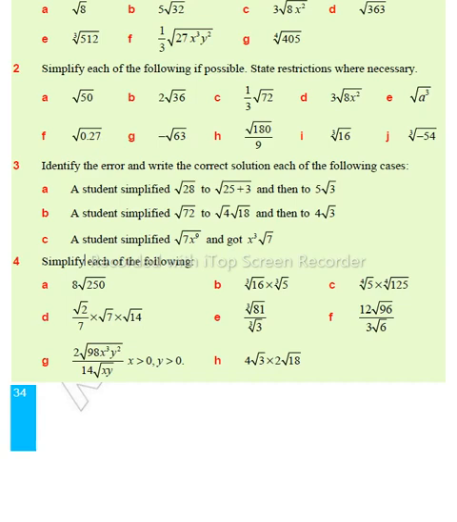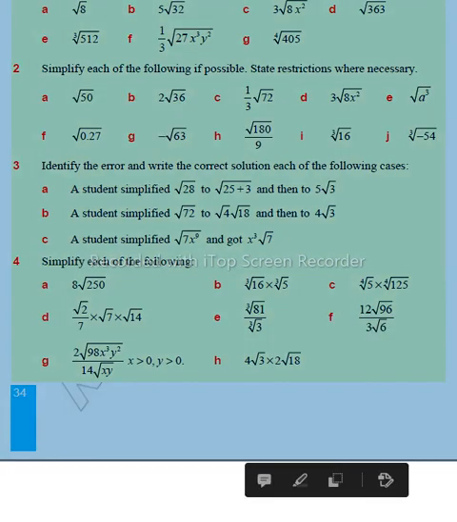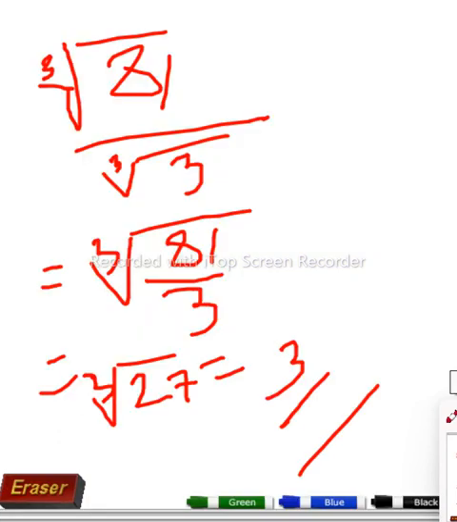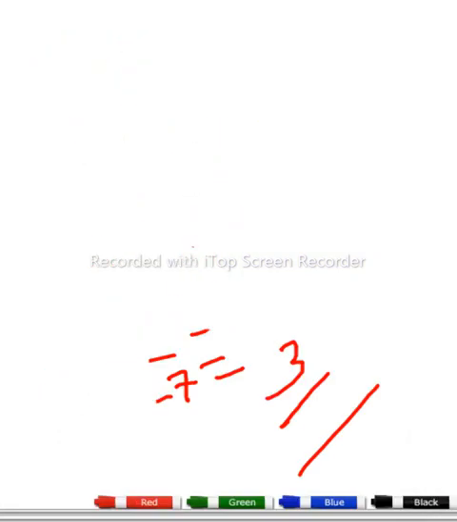Let us do the final question, skipping the others. The next question says 4 square root of 3 times square root of 18. Let us do this question. First, let us clear our whiteboard.